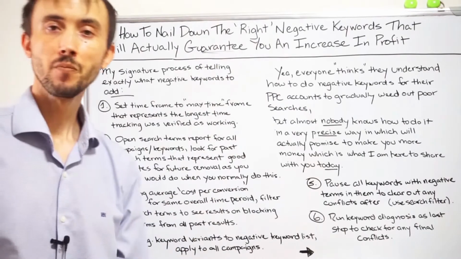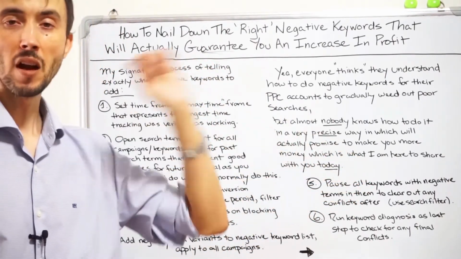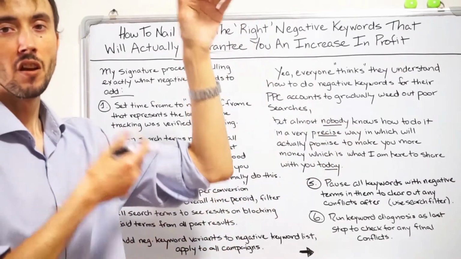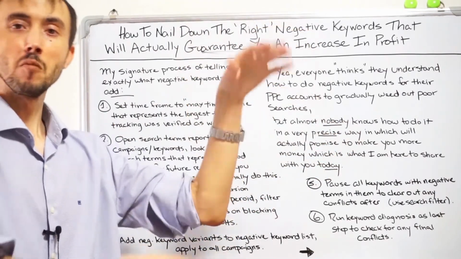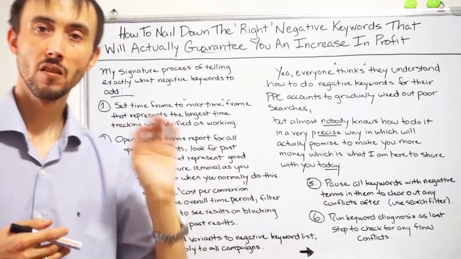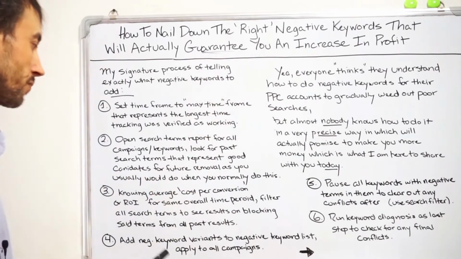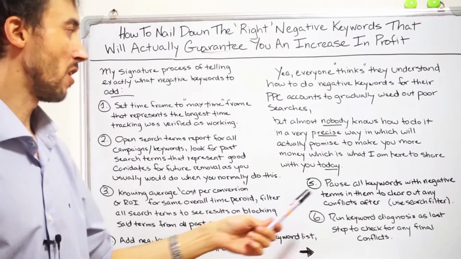So anytime someone searches for anything to do with "top," I'm going to block it no matter what campaign it's in. Therefore, your negative keywords list will be applied to all your search campaigns, so that it covers all of them. So you get the general idea here.